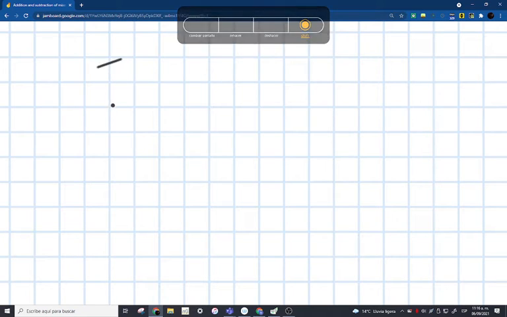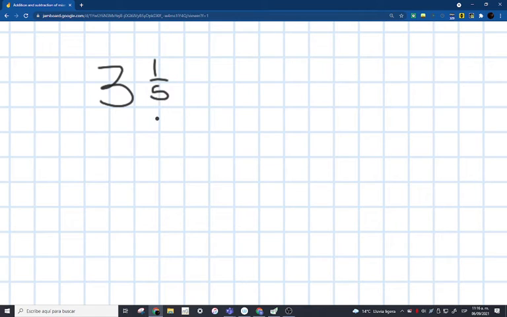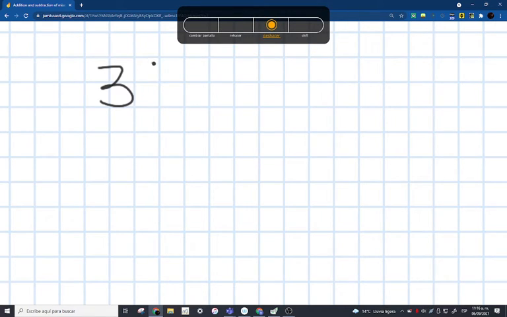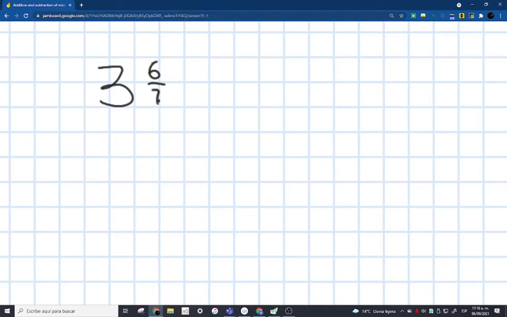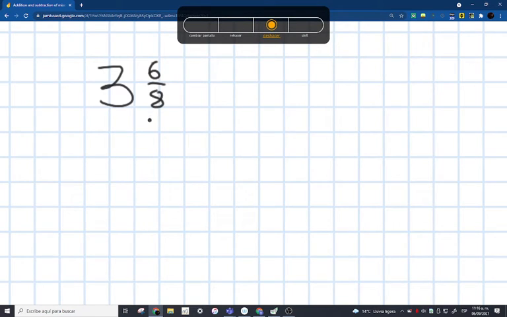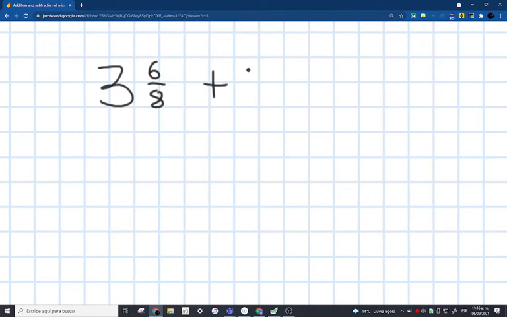Okay, imagine that we have, in this case I am not going to make them like, so we do the complete process. So imagine that I want to add 3 and 6/8 plus 3 and 5/6.